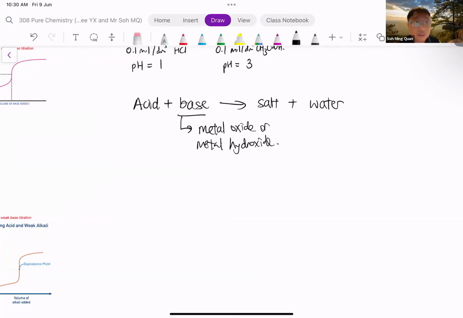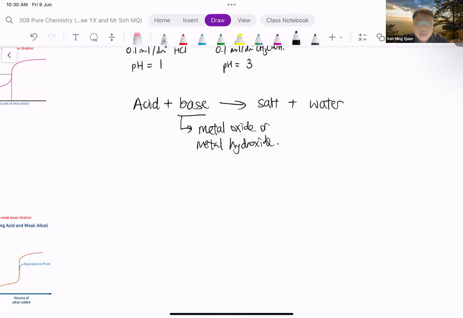Like copper 2 oxide is a base. Copper 2 oxide doesn't dissolve in water, right? Those that can dissolve in water are called alkalis. Like sodium hydroxide, which is a base but also an alkali, right? Whenever we say base, base is the bigger subset. Alkali is the smaller subset of base, okay?